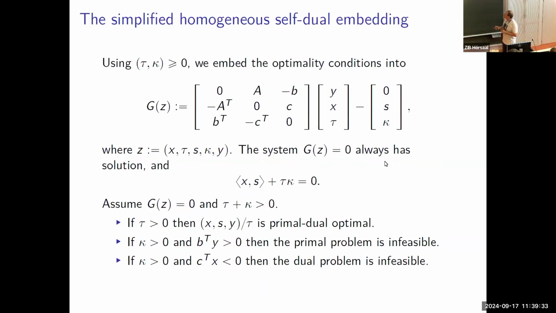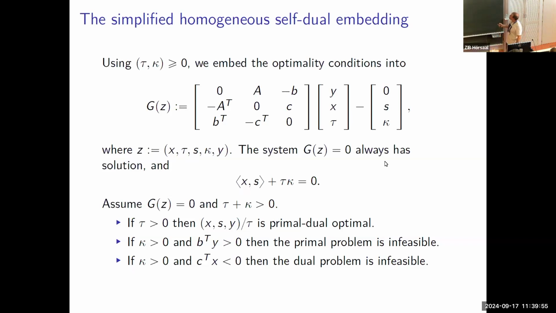So the method that is almost always used is the homogeneous self-dual embedding. There are two variations of the homogeneous self-dual embedding. I'm talking about the simplified one, where you just add two variables, tau and kappa. They are non-negative variables you add to your problem.